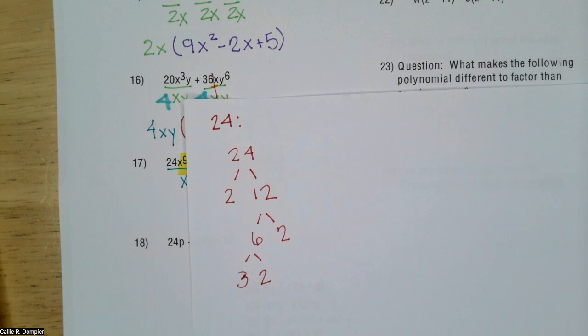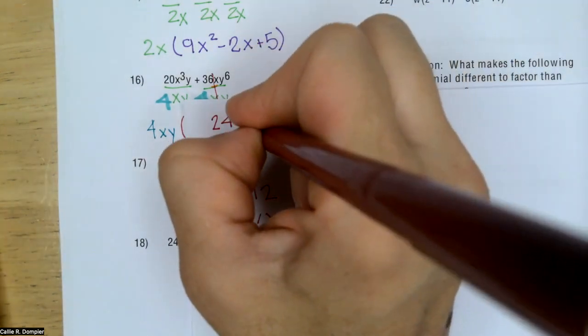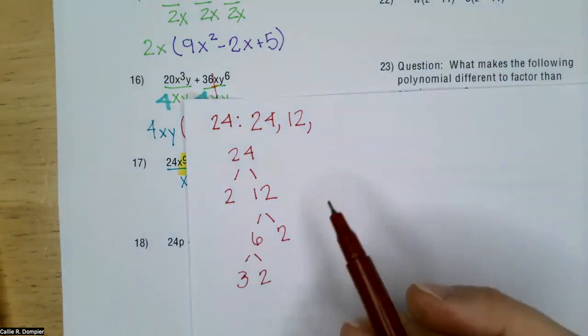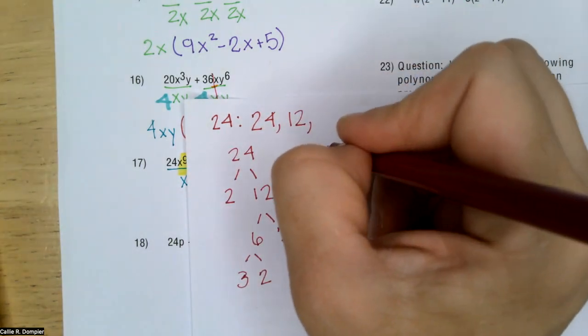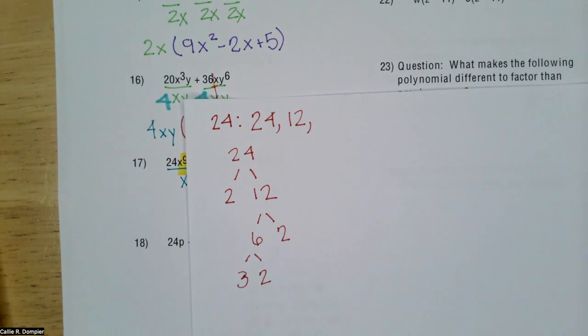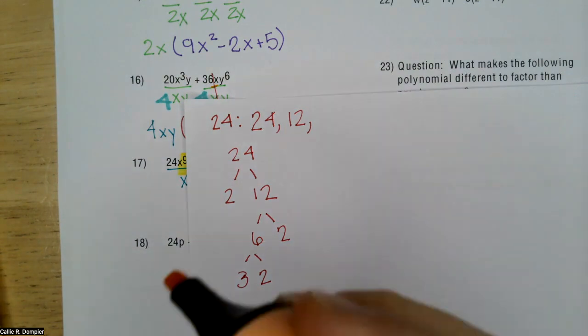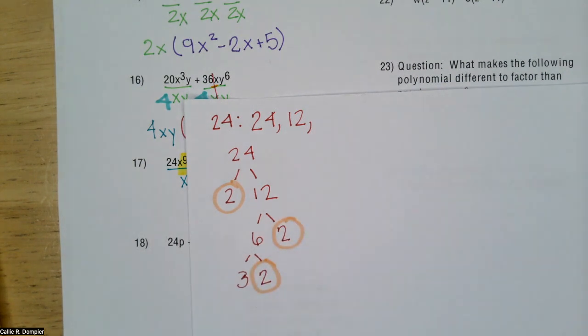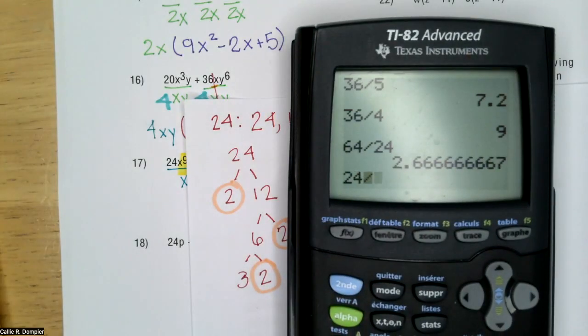So 24 has the factors of 24, 12, 6, well, how many 2s do we have? 3 2s in its factor tree means that 24 is divisible by 2 times 2 times 2. What's 2 times 2 times 2? 8.